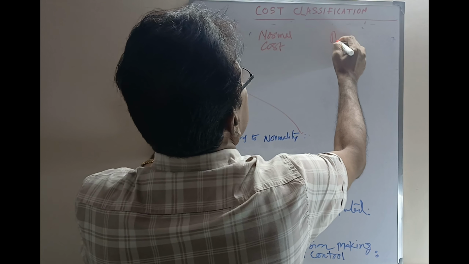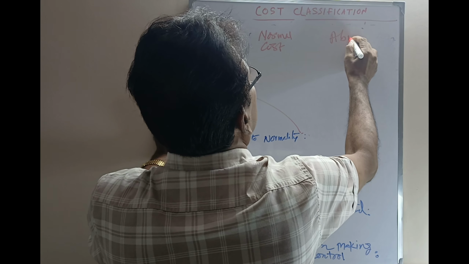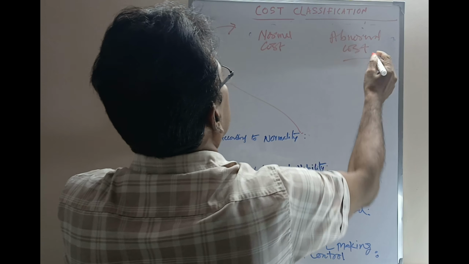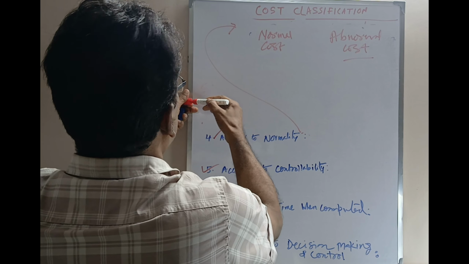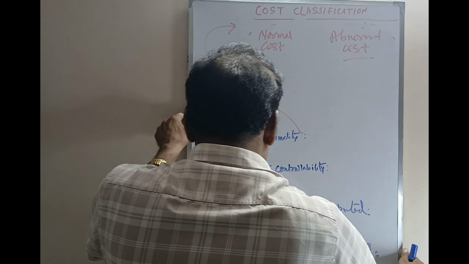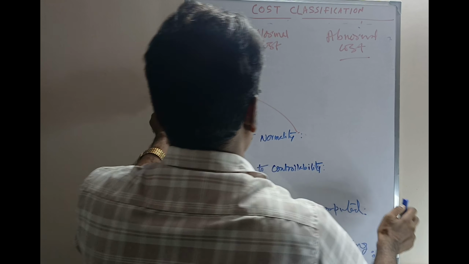One is normal cost and another one is abnormal cost. What is normal cost and abnormal cost?